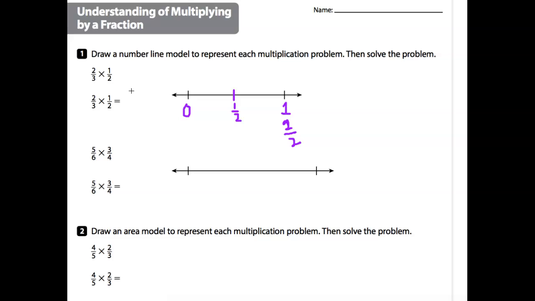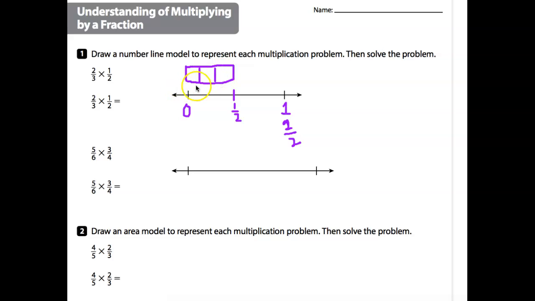2/3. So what we're doing is finding out what 2/3 on the way to 1/2 is. So this is going to be in thirds. 1, 2, and then 3. So 1, 2, 3/3.